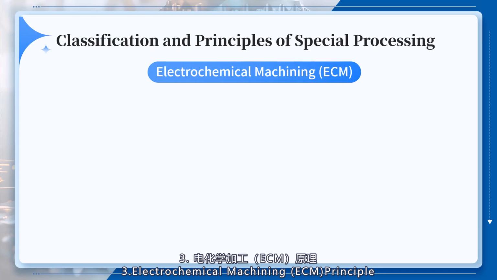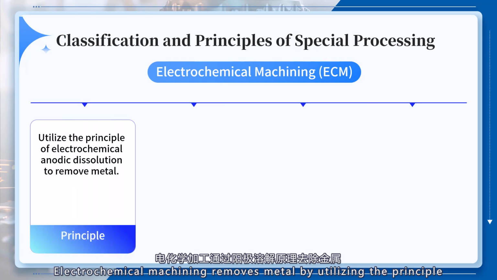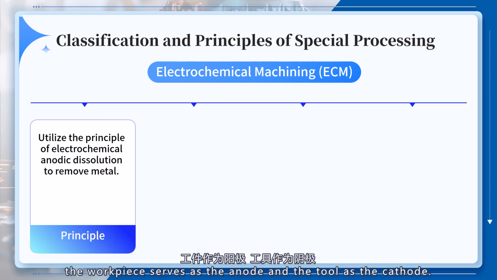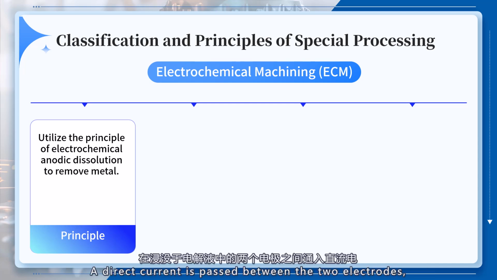3. Electrochemical machining (ECM) principle. Electrochemical machining removes metal by utilizing the principle of anodic dissolution. During the machining process, the workpiece serves as the anode and the tool as the cathode.